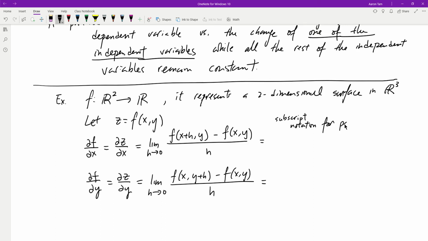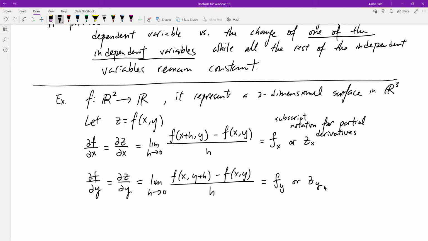That notation is this: we'll call this f sub x, or sometimes z sub x, depending on whether you want to use the function name or the dependent variable name. And so what is this one, which is ∂f over ∂y or ∂z over ∂y? It will be f sub y or z sub y.